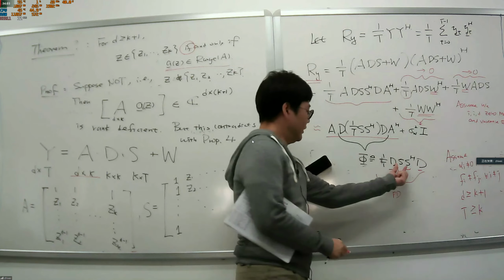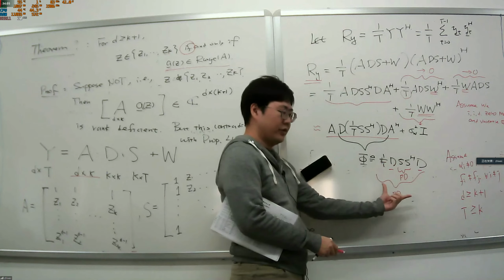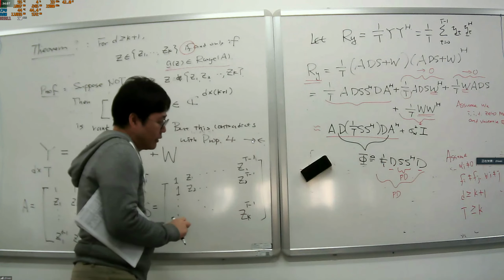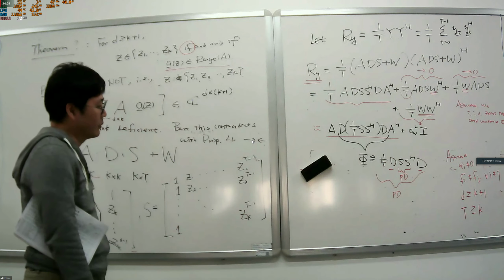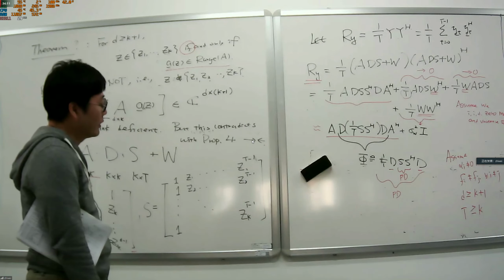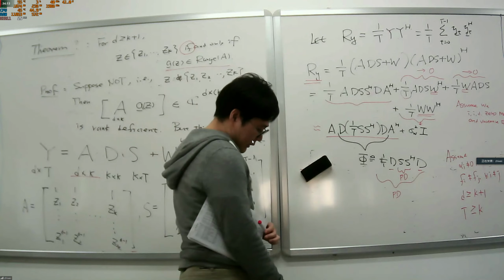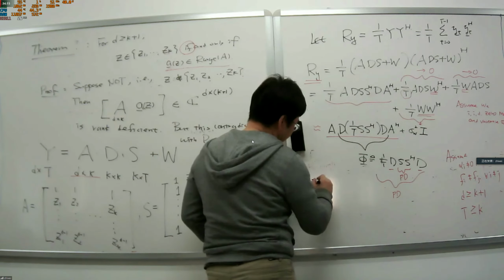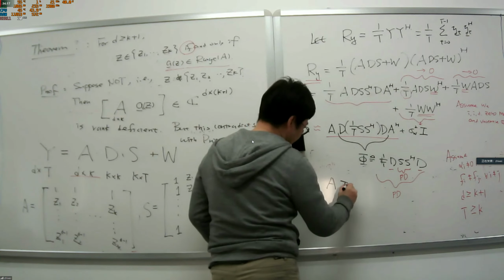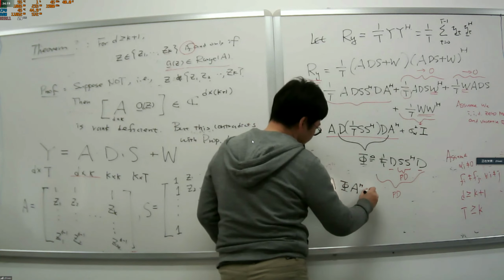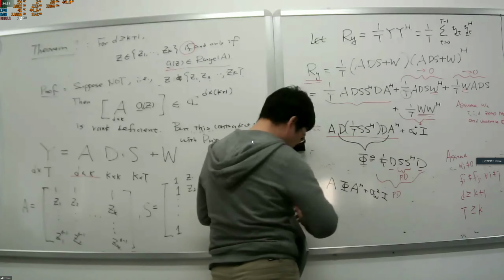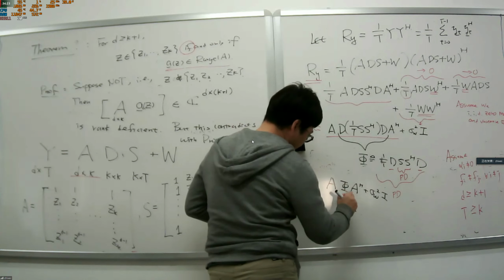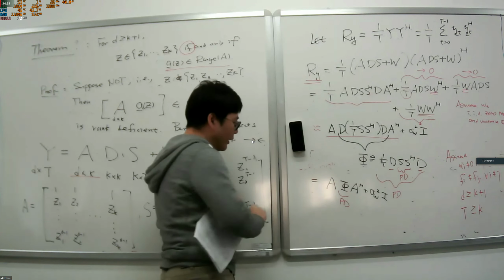This is PD and D is square invertible, then this will be PD. That's one of the properties we mentioned before. So the correlation matrix is A phi A Hermitian plus sigma W identity, and here phi is PD.